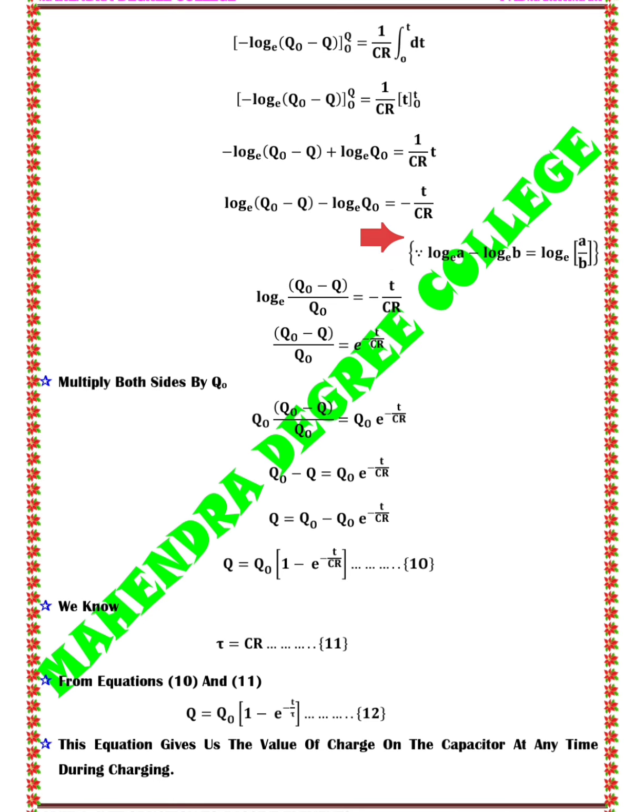We know the formula log A minus log B equals log A by B. So log Q naught minus Q minus log Q naught equals log of Q naught minus Q by Q naught. We get log of Q naught minus Q by Q naught equals minus t by CR.